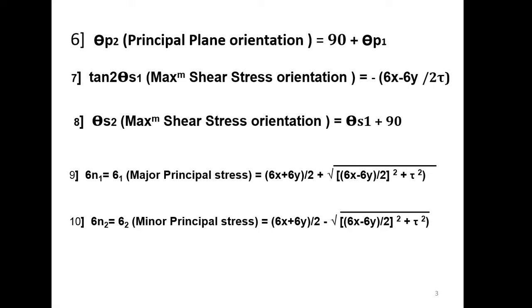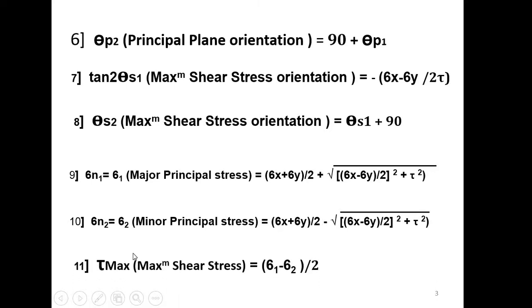Next formula is sigma n2, or sigma 2, that is the minor principal stress, equal to (sigma x plus sigma y) by 2 minus under root ((sigma x minus sigma y) by 2) bracket square plus tau square. And the last formula is tau max, the maximum shear stress, equal to (sigma 1 minus sigma 2) by 2.